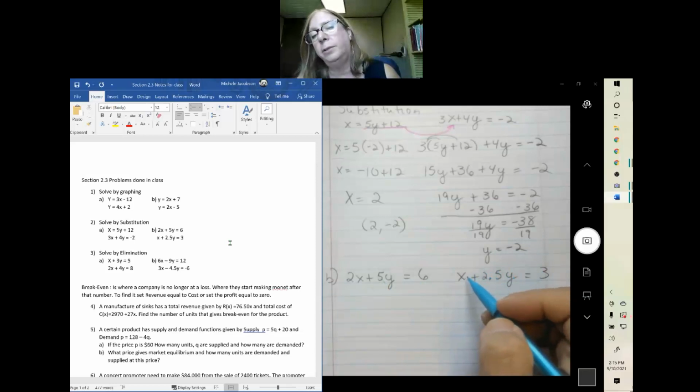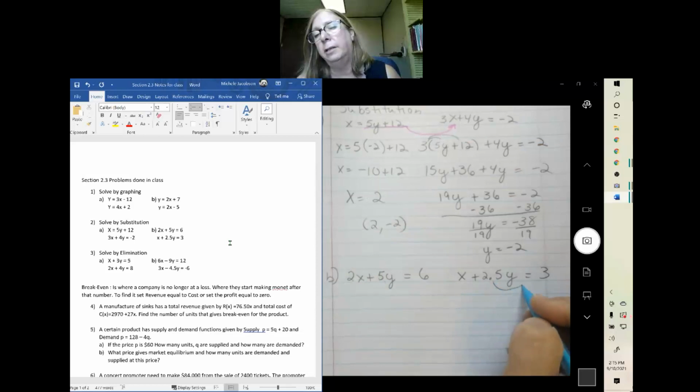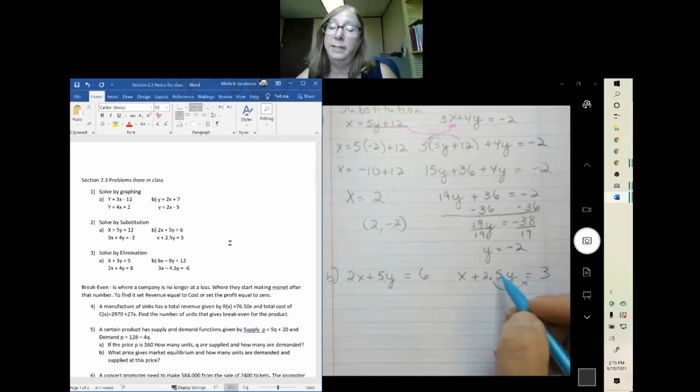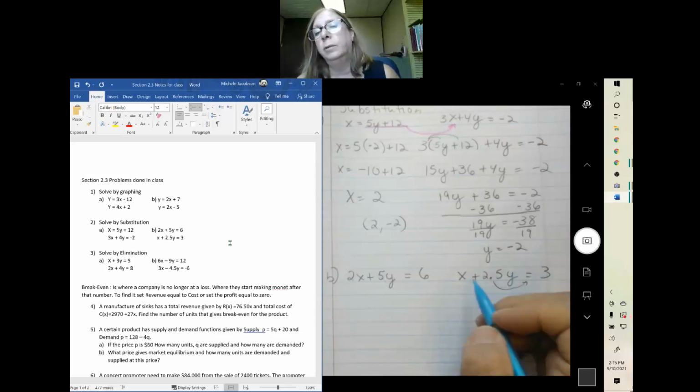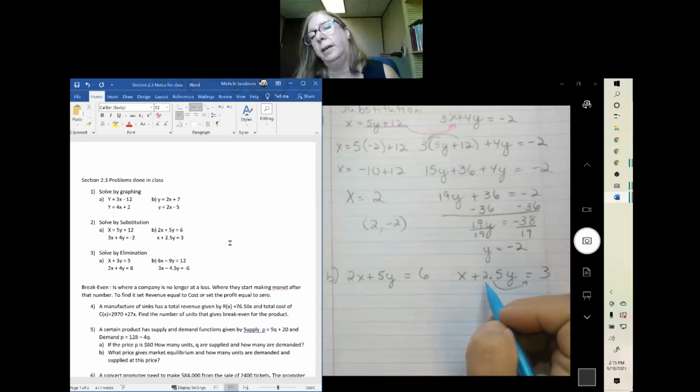So if we go over here, notice if we solve for x, we're just subtracting this to the other side. We have this decimal, but we're not going to have more fractions. And so I would solve this one for x. Because again, here we're going to have a fraction with a decimal if we divide by 2.5.